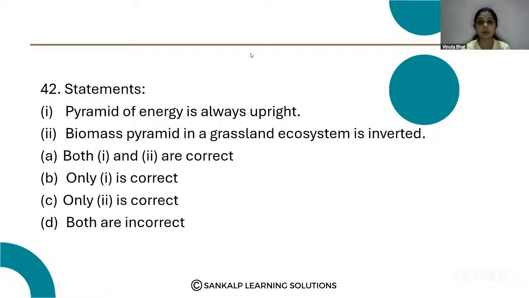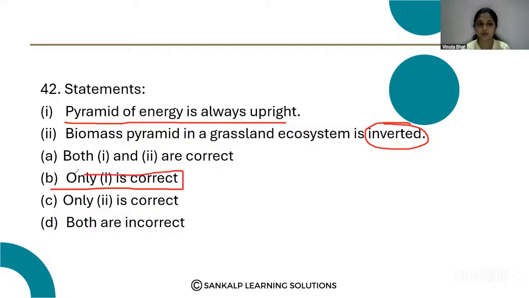That is upright. So it is not inverted, it is upright. So only statement 1 is correct. Yes, option A, sorry. Only 1 is correct. So this one option is correct.